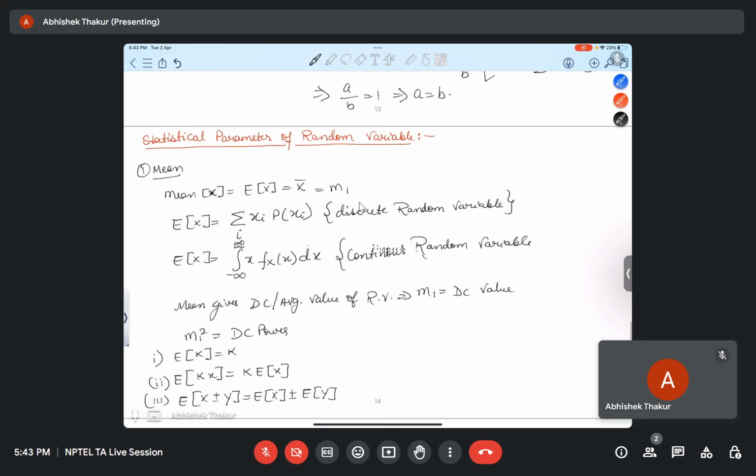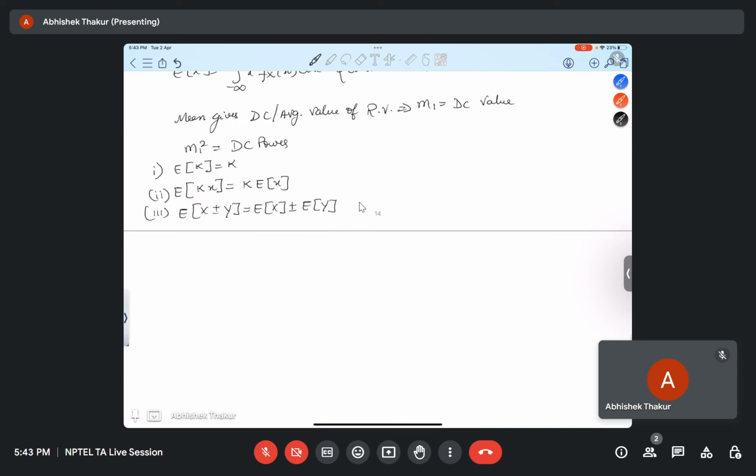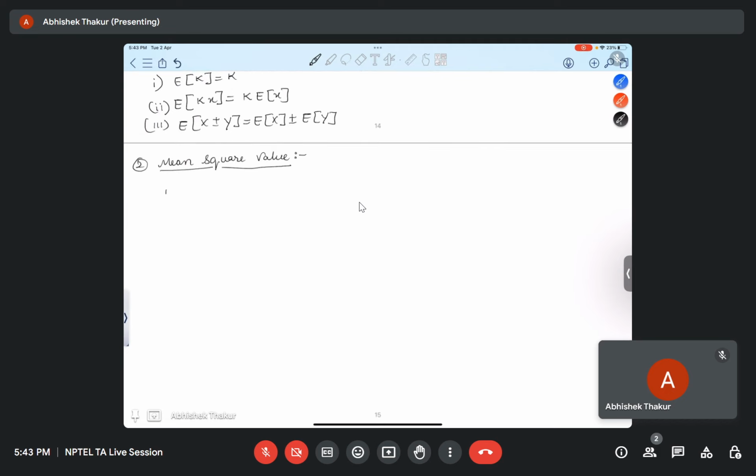Now the next parameter is mean square value. So the mean square value of x is given as E of x squared, that is equal to the second moment of x about the origin, and that is also known as m2.